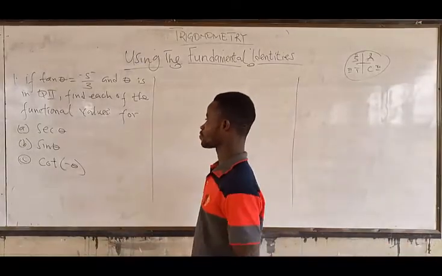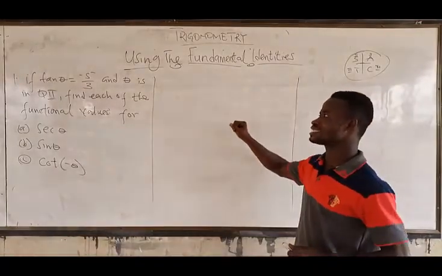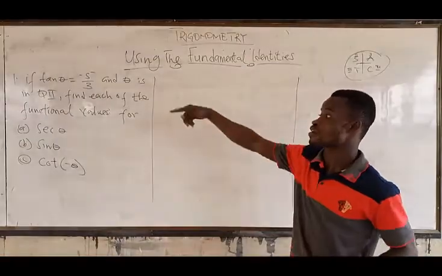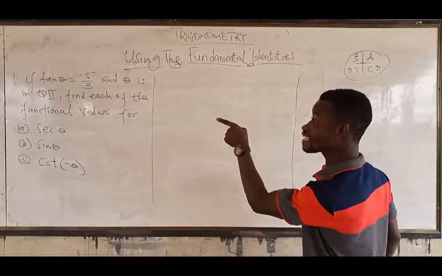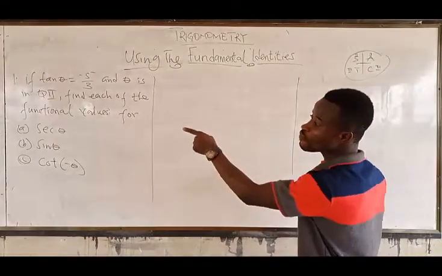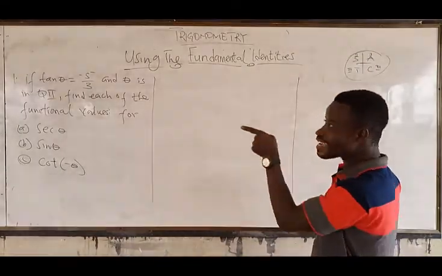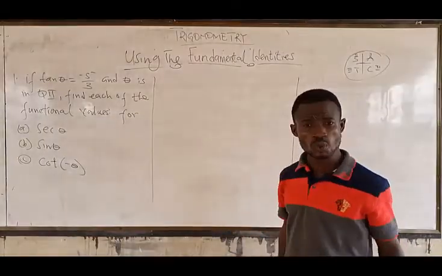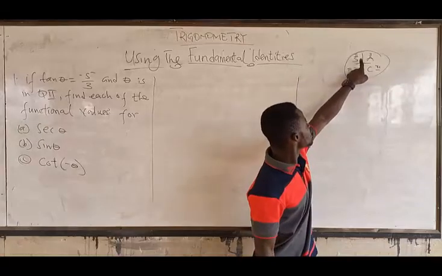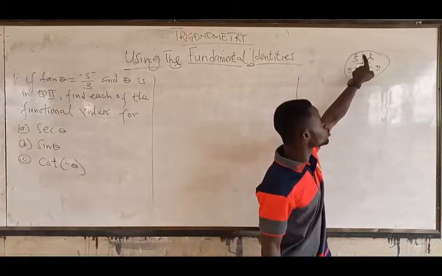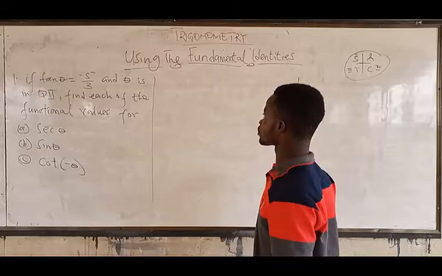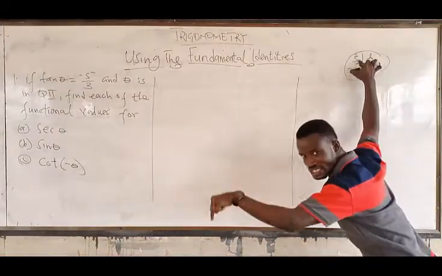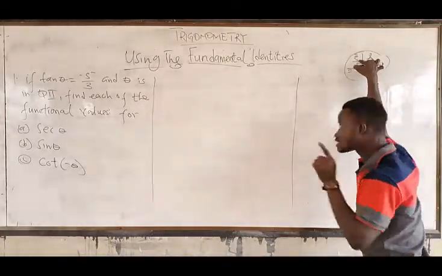And you're going to enjoy. Now, if tan theta is equal to negative 5/3 and theta is in quadrant 2, in fact, before the question tells you, this is the concept. Before the question tells you that theta is in quadrant 2, you yourself have to know that the argument is in quadrant 2. Yes, because for quadrant 2, only sine is positive.